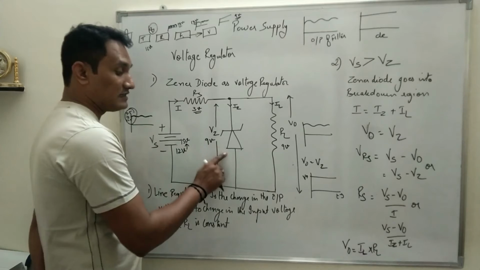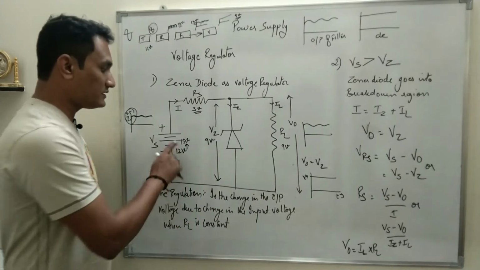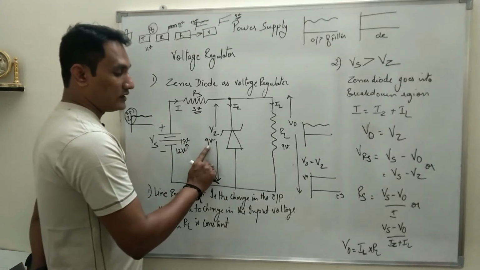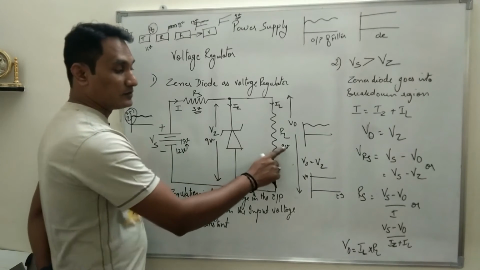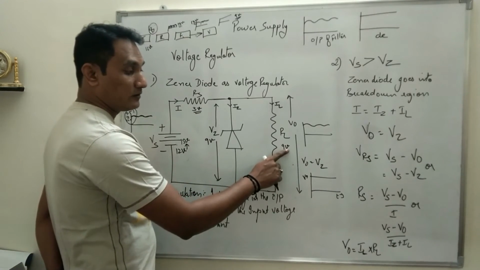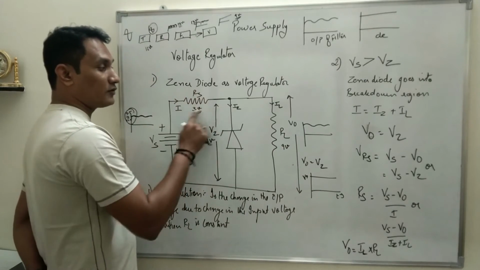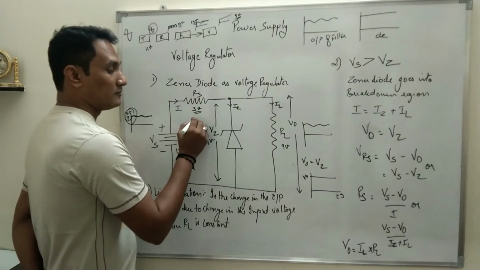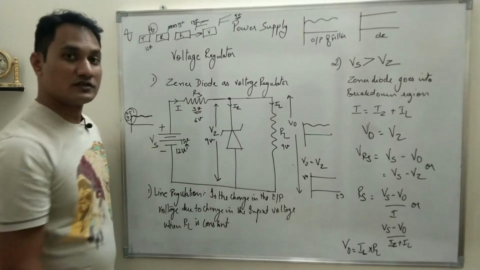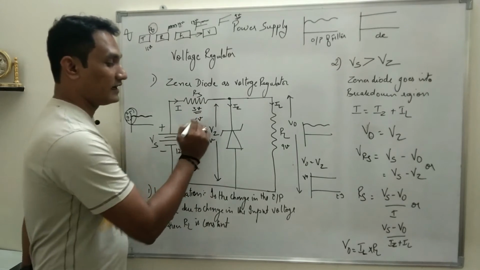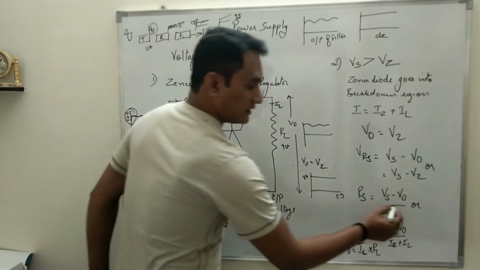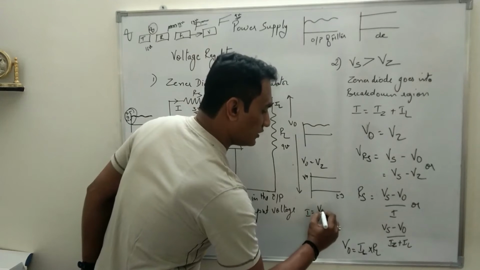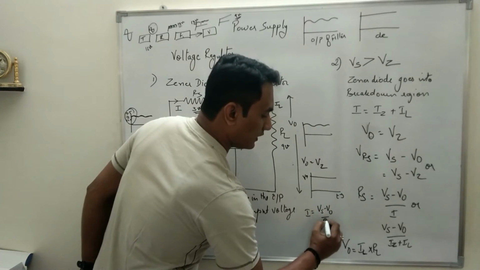What happens is, still the Zener diode is in breakdown region because Vs is greater than Vz. And if that is true, the voltage drop across Zener will remain constant. That means the output voltage will still be 9 volt. But what will happen to the voltage drop across RS? The voltage drop across RS will now be 6 volts instead of 3 volt, right? So if I see this formula, I is equal to Vs minus V0 upon RS.